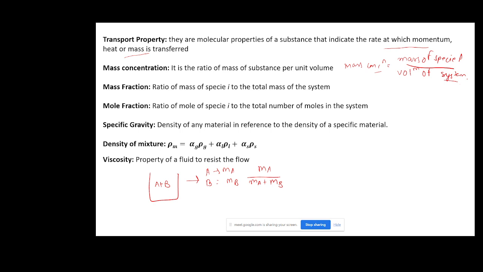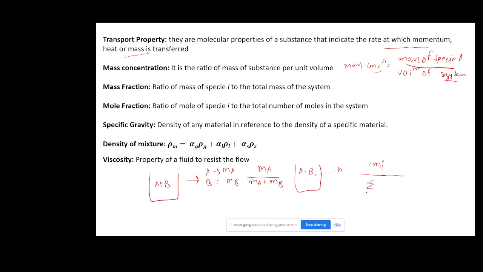This is just an example for two components in a system. If you have A plus B up to N components, then to find out the mass fraction of any species i, it will be Mi, which is the mass of species i present in the system, divided by the total mass of all the components.